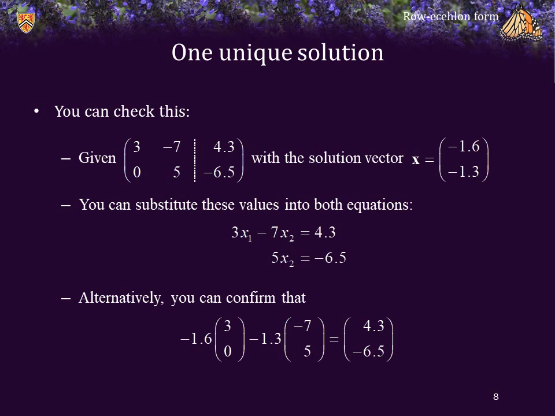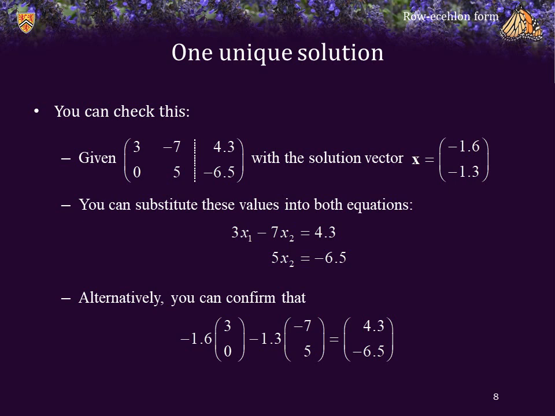Now, very quickly, is that solution unique? Is there another value of x2 that may allow this to be true? Well, no, there's only one value of x2 that may satisfy that second equation. Is there another value of x1 for which this may be true?